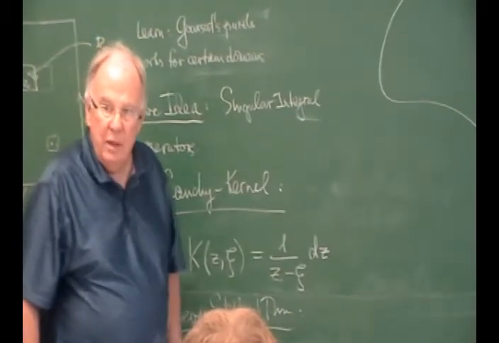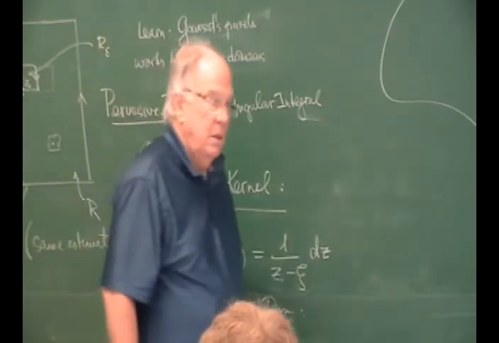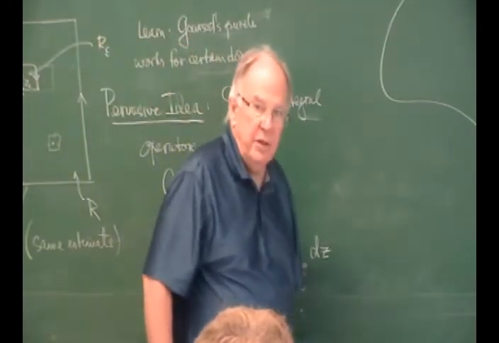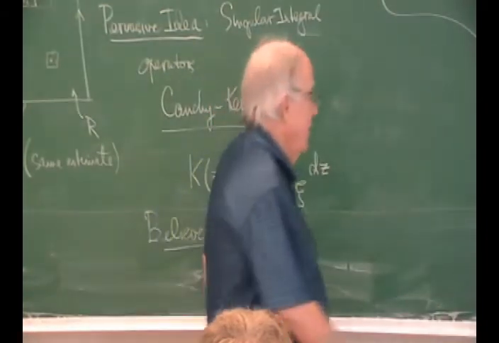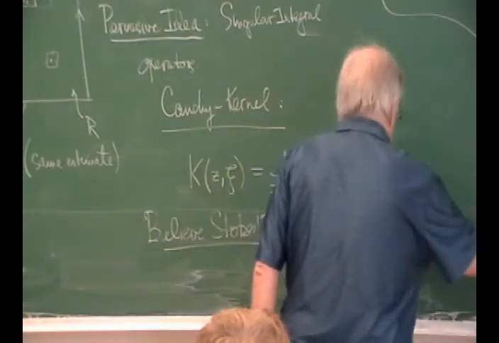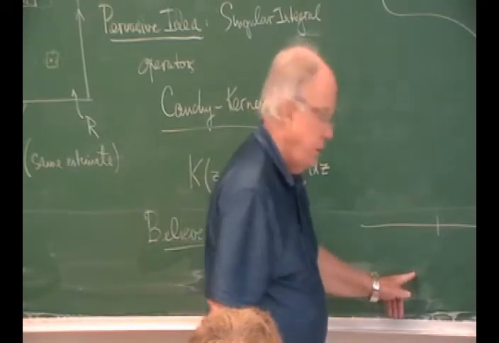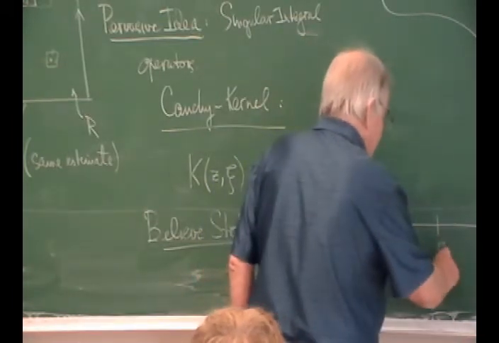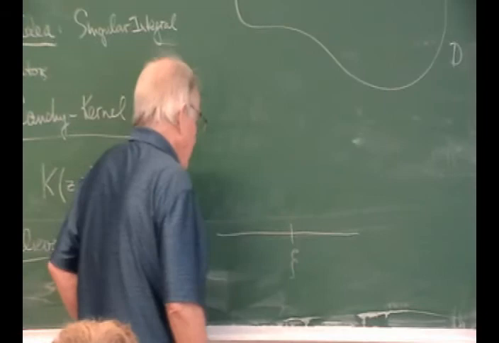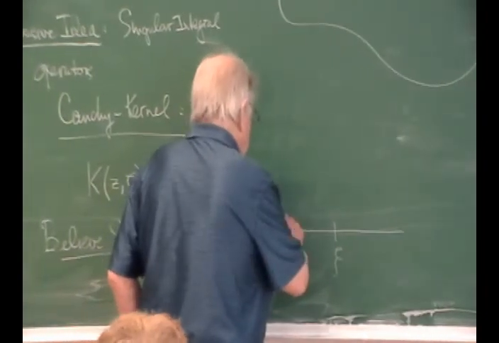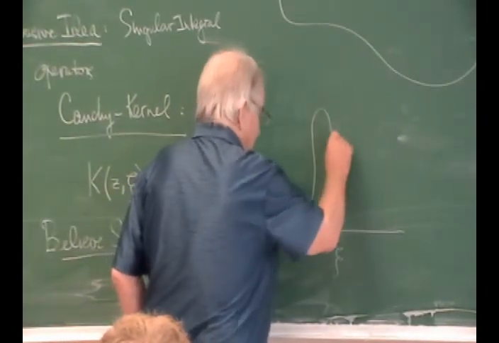Do you understand what I'm saying? If you don't have any experience with physics, think about the following thing. This is metaphorical now. Here is zeta, and here is a Gaussian.